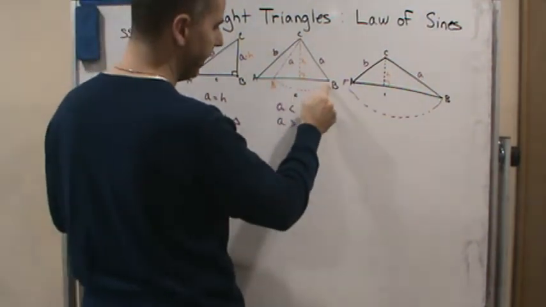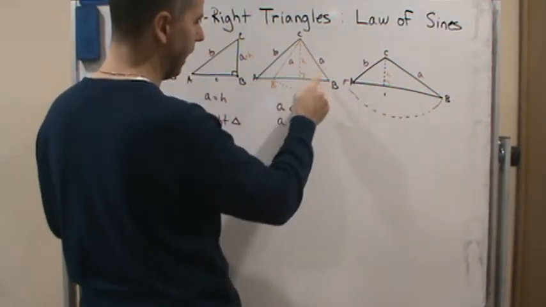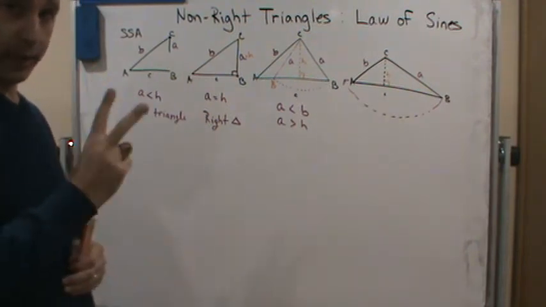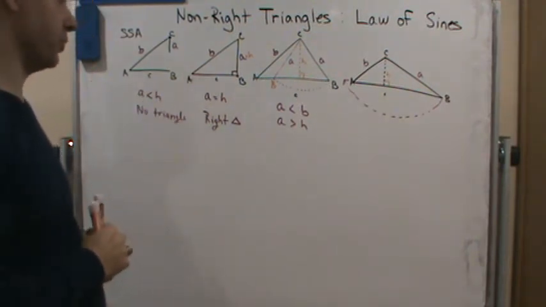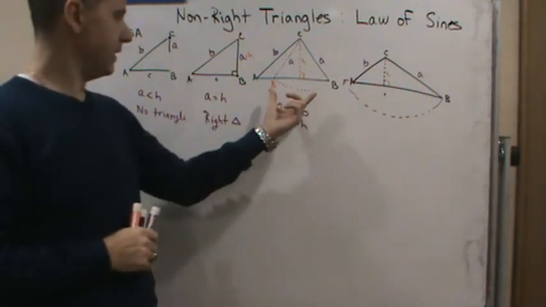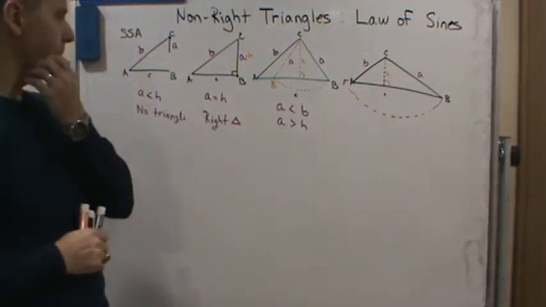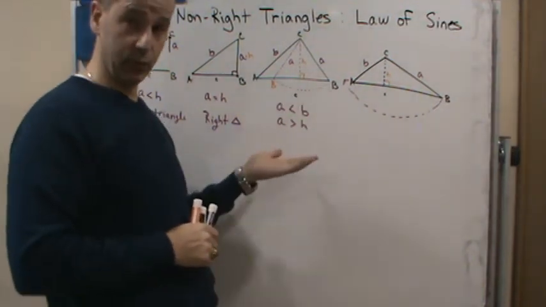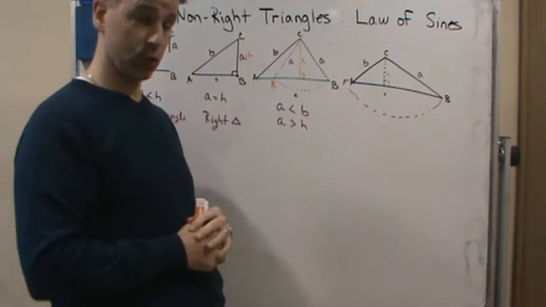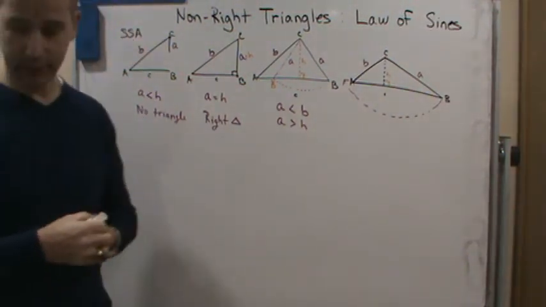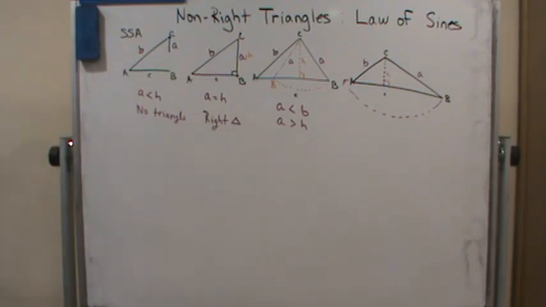Or we could have an angle B over here, where we end up with an acute triangle. So in this case there are two possible solutions. This is where it's ambiguous. Based on just what we're given, we don't know which triangle we're dealing with, so we'll have two possible triangles to solve.